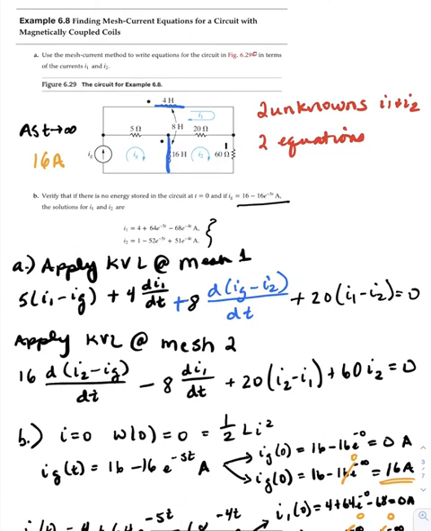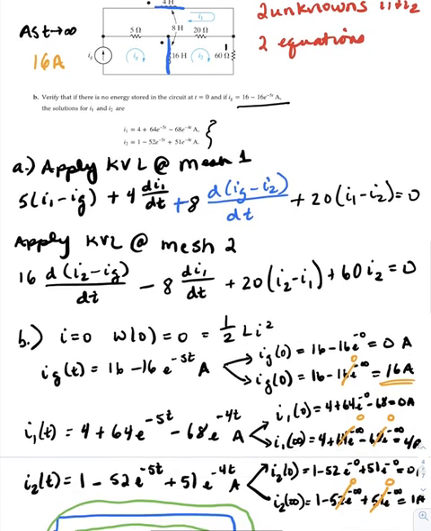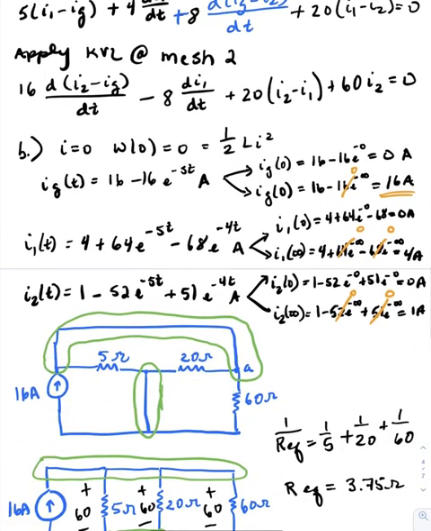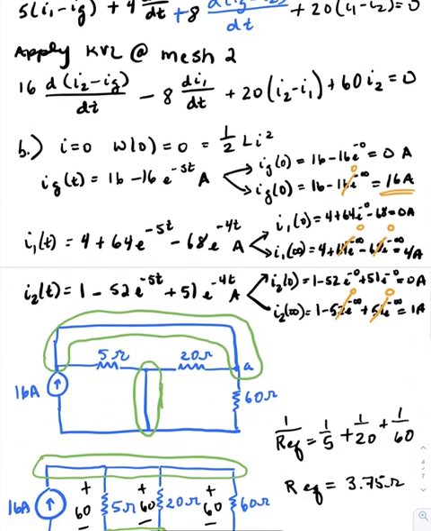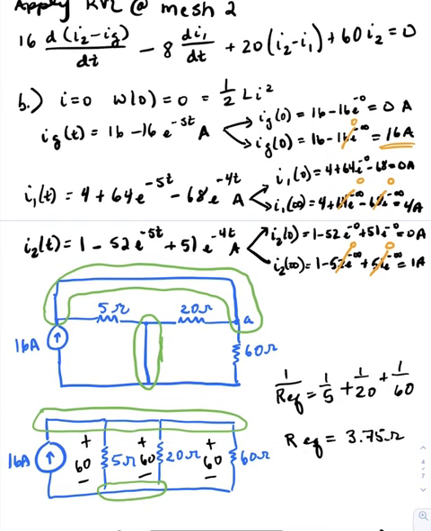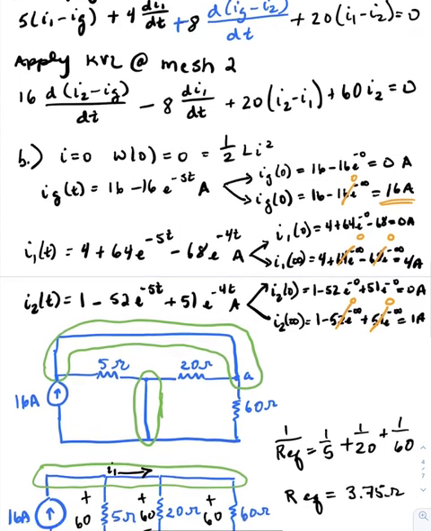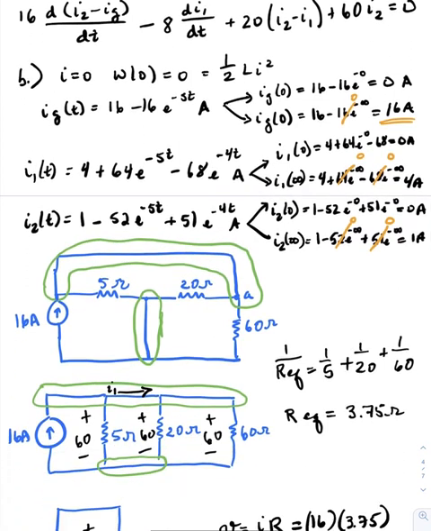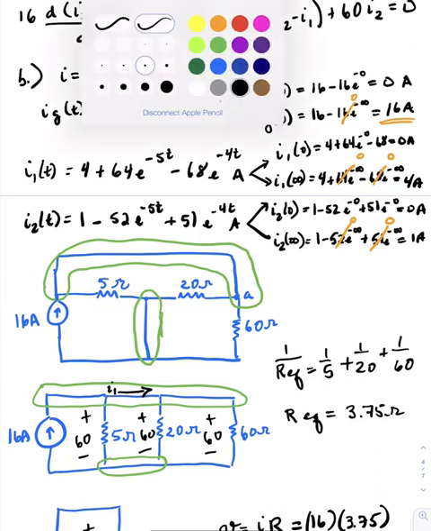where is I1 coming in? If we redraw here, I1 would be redrawn right here, and I2, maybe I should make it a new color here.